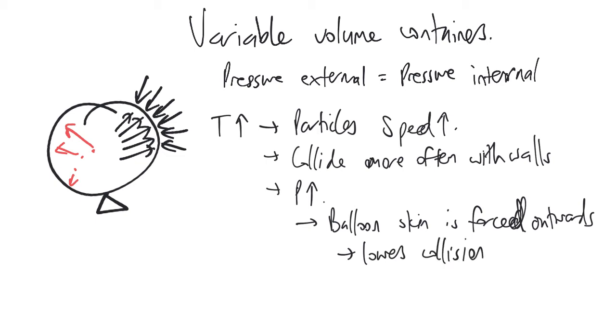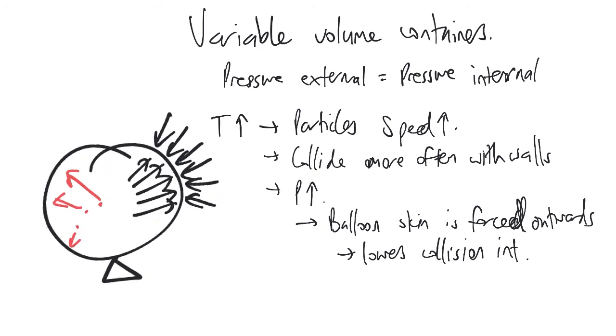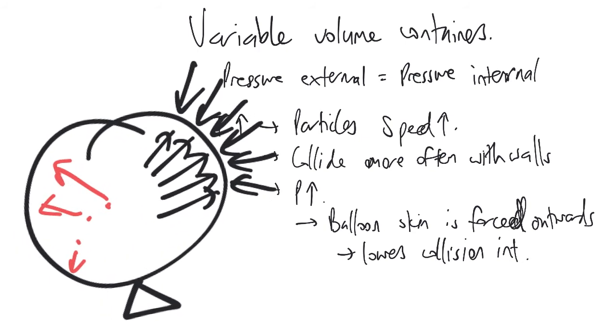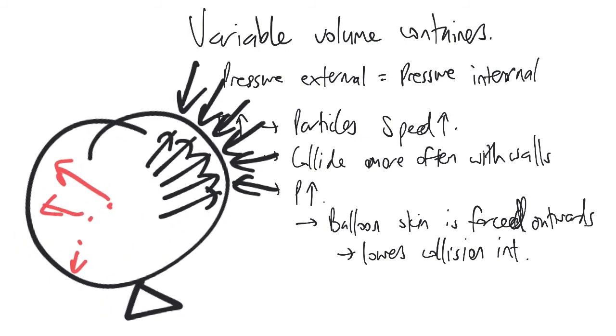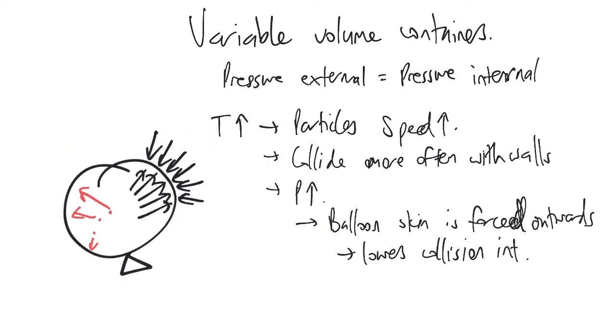Why will that occur? Okay, so let's have a think. If I have this balloon, if I increase its size, it's going to take longer for particles to reach the other side. All right, and if it takes longer for the particles to reach the other side, they're going to collide with the walls less often.